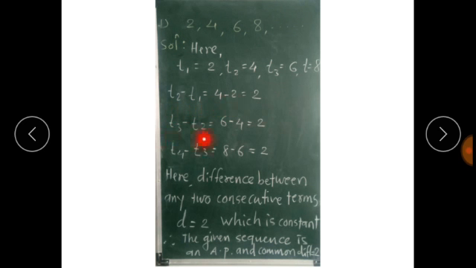T3 minus T2, T3 is 6 minus 4, substituting the values, is equal to 2. T4 minus T3, 8 minus 6, which is equal to 2. So here, if you observe, the common difference is 2. So the difference between any two consecutive terms, d, is equal to 2, which is constant, and hence according to the definition we can write the given sequence is an AP and the common difference is 2.